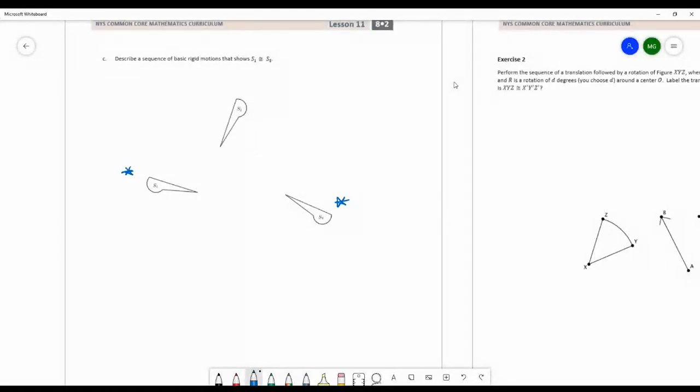So let's look at our S1. And how can we get it to S3? Well, we're again going to have to translate. So let's go over and translate it. There's our vector, V. So we're going to translate along vector V.